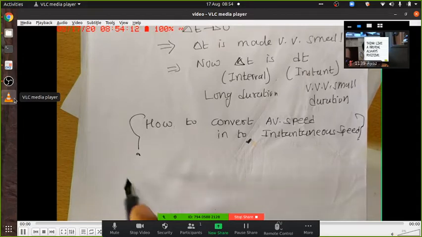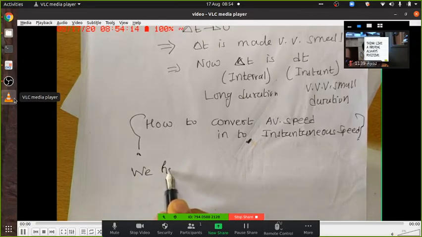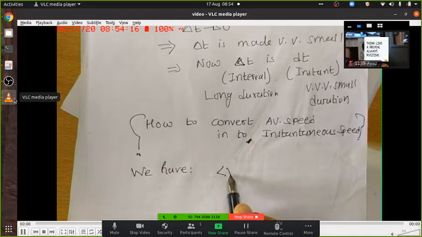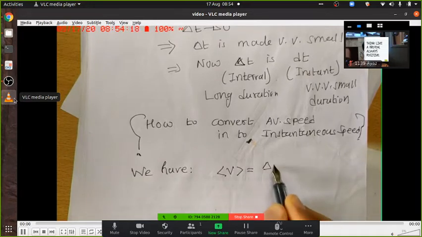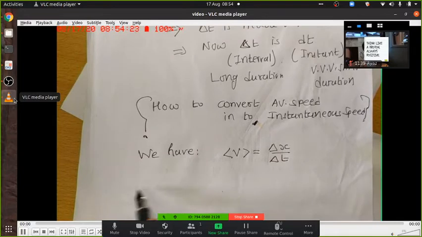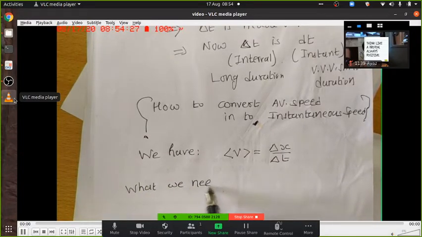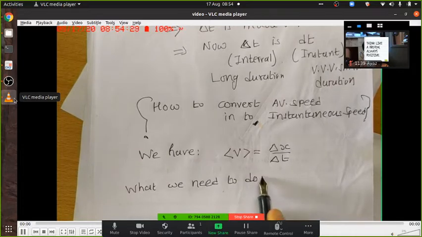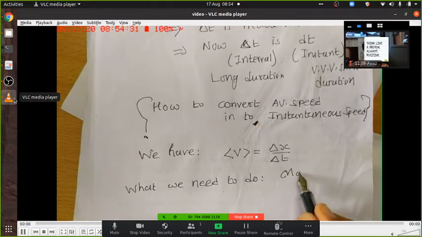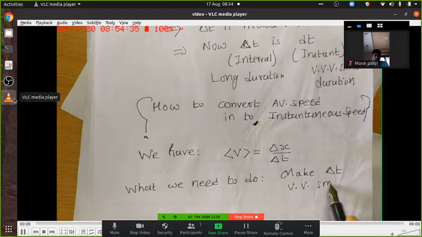What we have known to us is average speed equal to delta x by delta t. What we need to do is make delta t very very small.